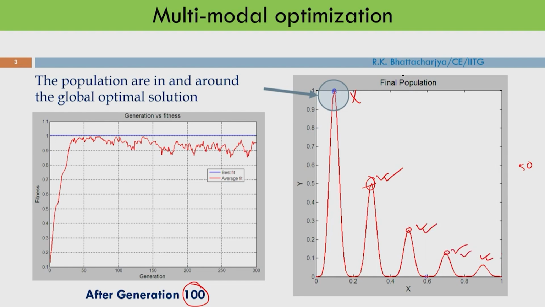Therefore, if I can find all the local optimal solutions along with the global optimal solution, it will be easier for me to take a decision. So, let us see if we can modify the genetic algorithm and obtain the other local optimal solutions.